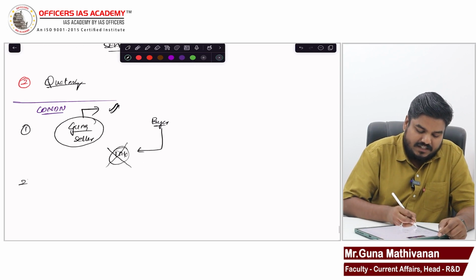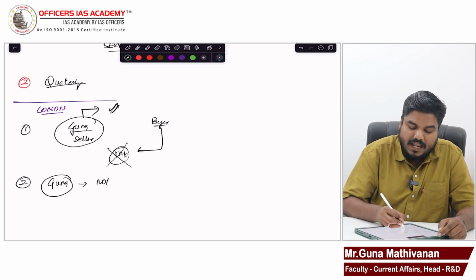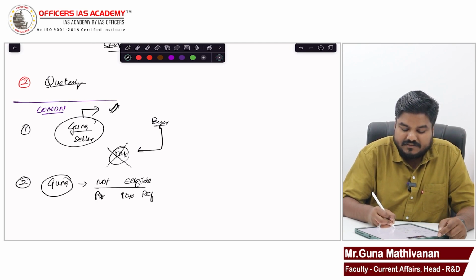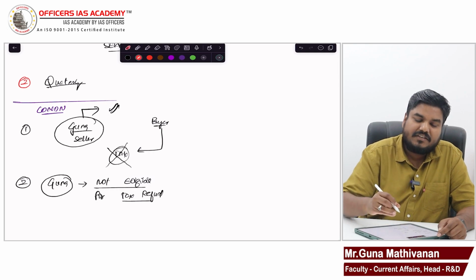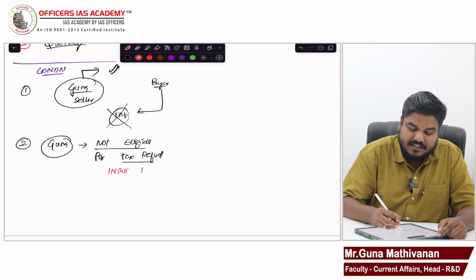Second condition, Guna, in our example, is not eligible for tax refund. What is this tax refund? We have discussed, tax refund is nothing but the input tax credit. We have discussed this in the previous video.